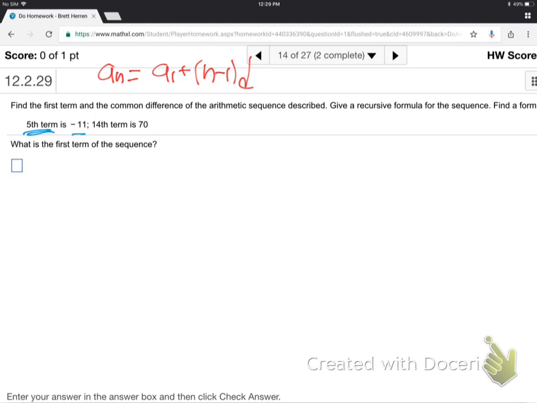So fifth term is negative 11. So n is 5.